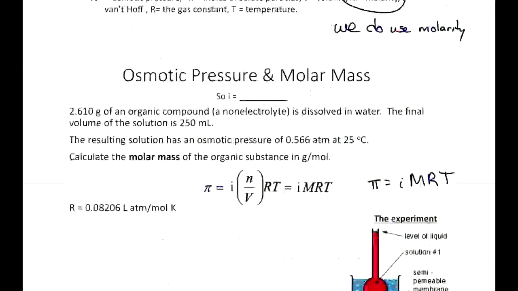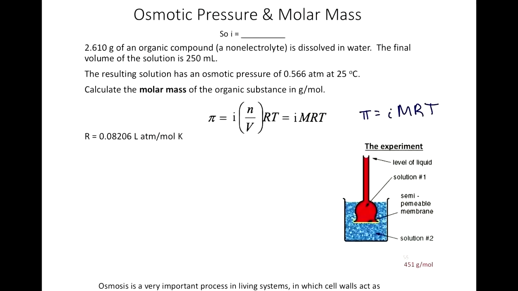Okay, so let's do a problem using osmotic pressure. You dissolve 2.6 grams of an organic compound, and I tell you it's a non-electrolyte. We dissolve it in water. The final volume of this solution is 250 milliliters.